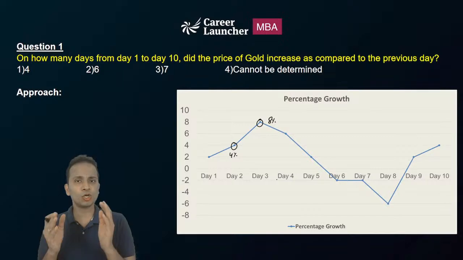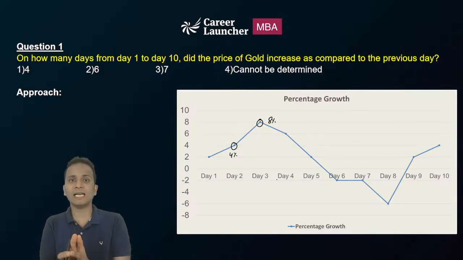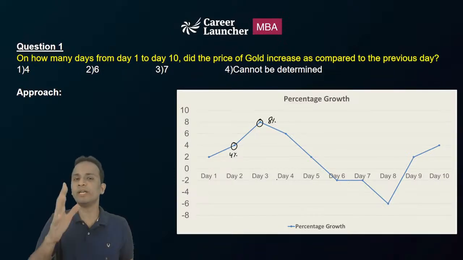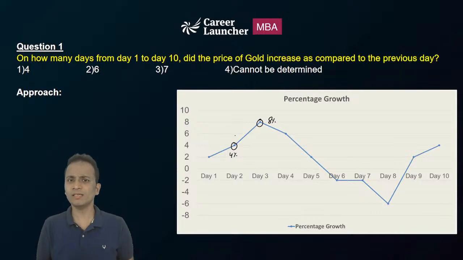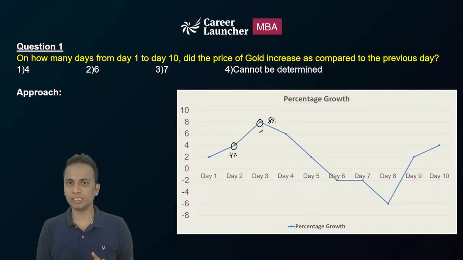On day 2 the growth was 4%, so basically the value has increased by 4% with respect to day 1, but the value has increased. Similarly, on day 3 the value has increased by 8% with respect to day 2.